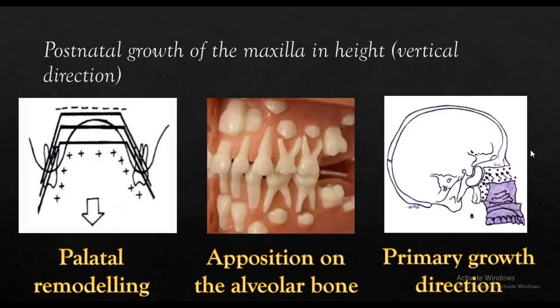Maxilla follows the V principle by Enlow during the postnatal growth in height. There is resorption on the nasal side and apposition on the oral side. Besides palatal remodeling, there is continued apposition of alveolar bone as the teeth erupt. Finally, the direction of the growth also increases the height of the maxilla.